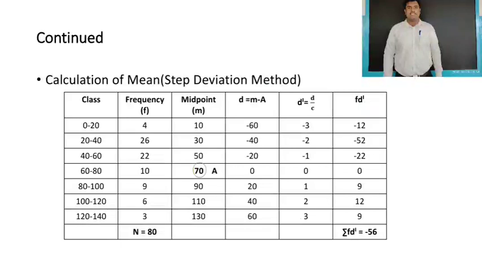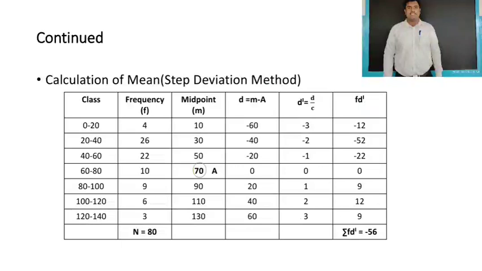Next, it is calculation of d dash. d dash is equal to d divided by c. d is already calculated. c refers to the class interval. So minus 60 divided by the class interval 20, I get minus 3. Similarly, I calculate d dash for all the class intervals.